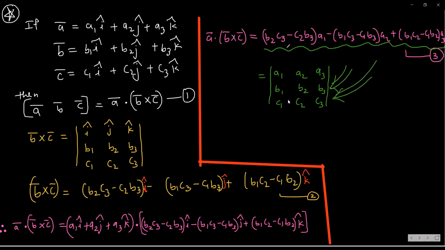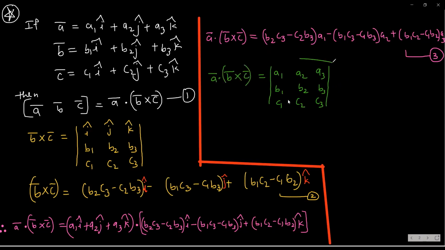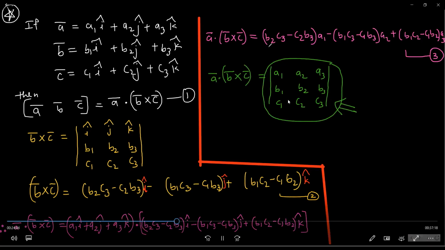You can check. You have already learned how to evaluate a determinant in lower standard, that is 11th standard. So tell me, students, if I ask you to expand this determinant, won't this give you the same thing on the right hand side?